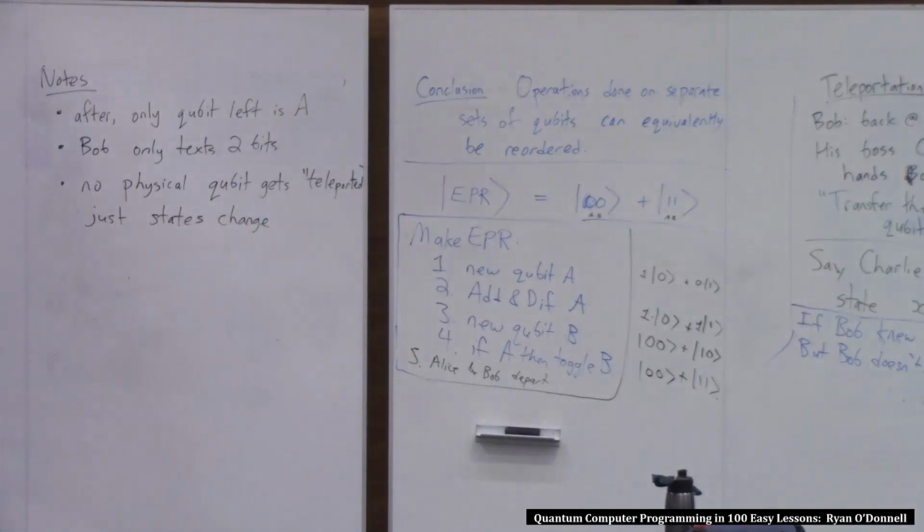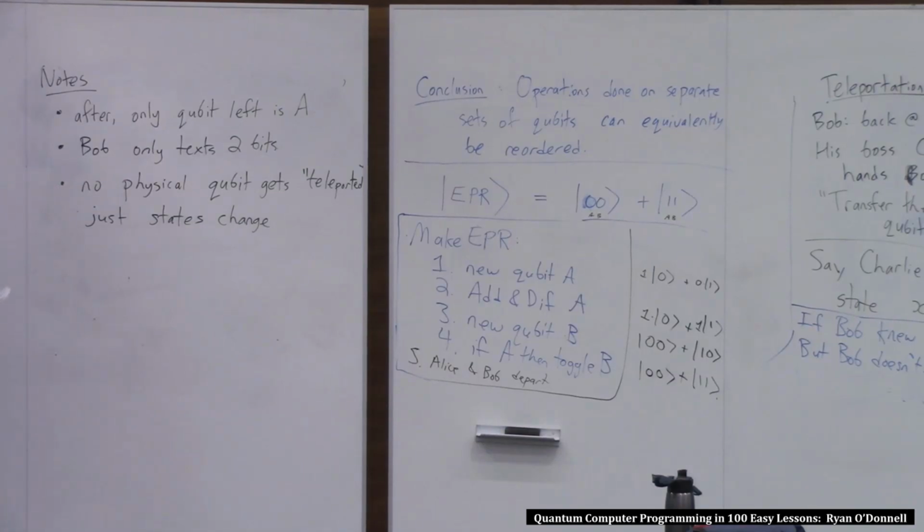But actually, some physical object does move from Bob's office to Alice's office. Can you see why? Yeah, when Bob communicates two bits of information to Alice, some physical object has to do that communication. It's some electrical signal, or I guess it goes into a satellite. Some physical stuff does move, but it's only carrying 2 bits of classical information.